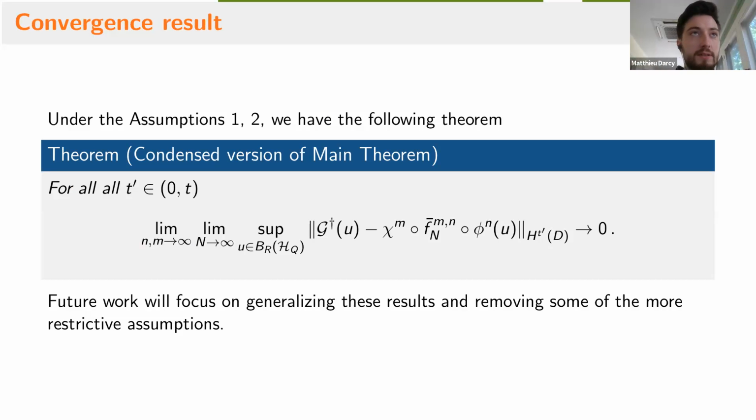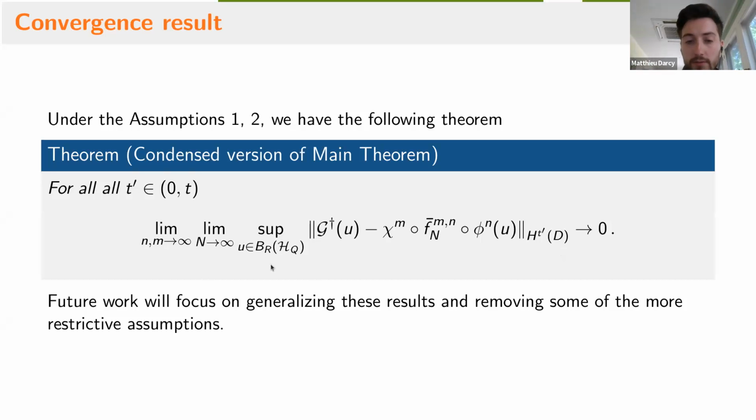But given these assumptions, what you have are worst case convergence guarantees. What this theorem says is that as you let your number of data points go to infinity, and as you let the resolution of your data go to infinity as well, then the worst case error that you get in some ball of the space that you're considering goes to zero. So this is a worst case guarantee on the error that you can make within some ball.